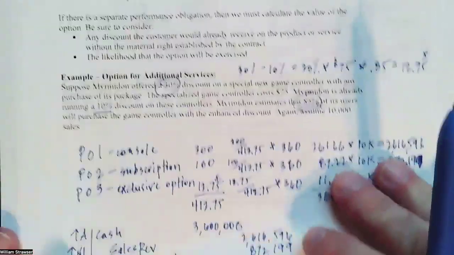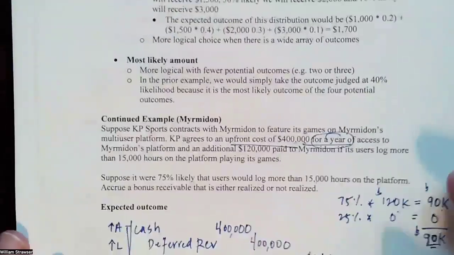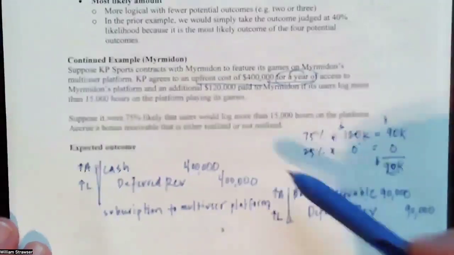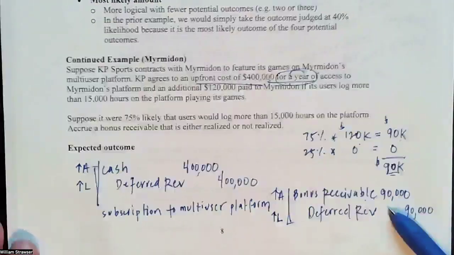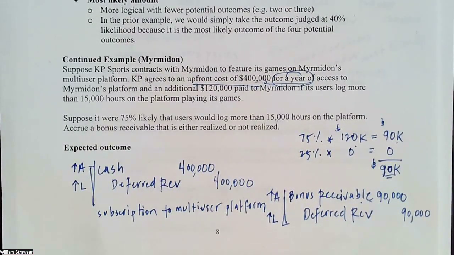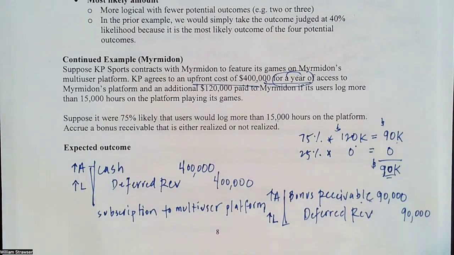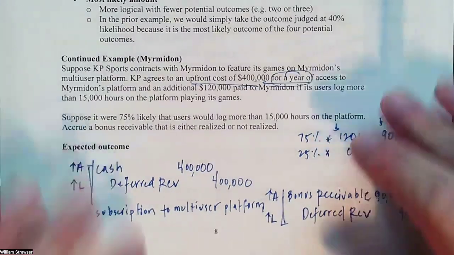But because we didn't have that complication here, all we had was an upfront cost and also this bonus off to the side, then it doesn't really make sense for us to separate that out in terms of applying a transaction price to all the performance obligations.